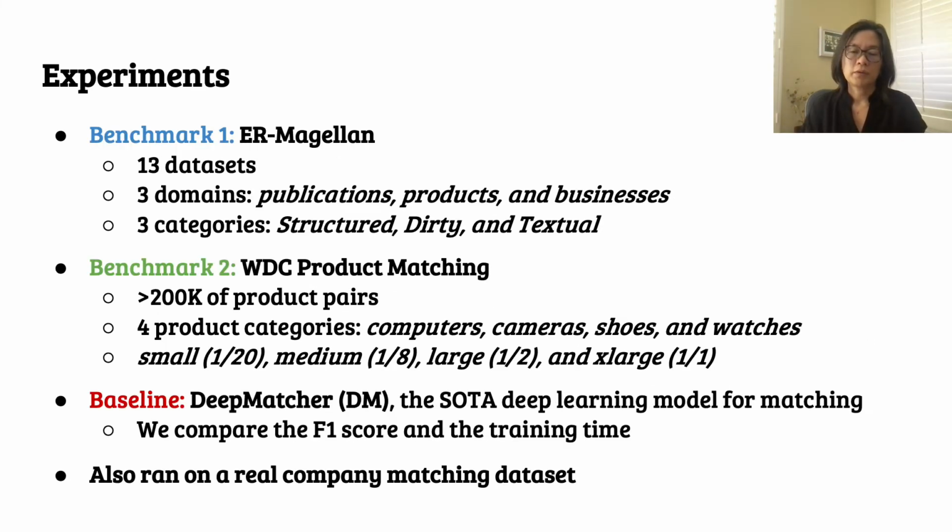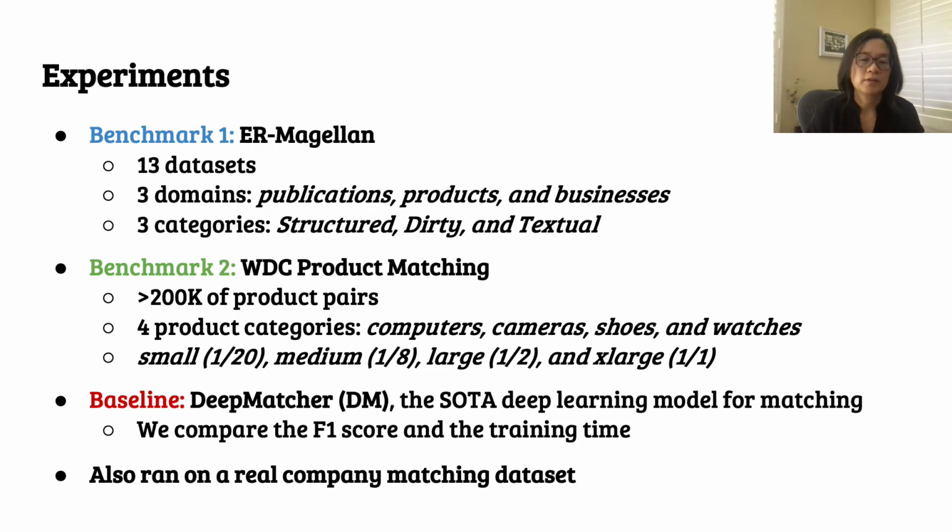So we experimented with Ditto on the following two benchmarks, the ER-Magellan benchmark and the WDC product benchmark. ER-Magellan has 13 datasets in total in 3 domains: publications, products, businesses, and in 3 categories: structured, dirty, textual.